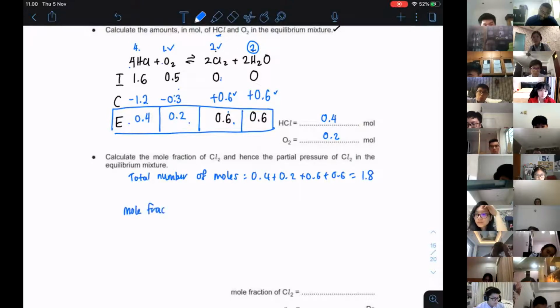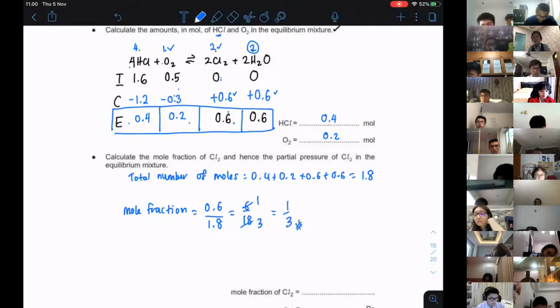Not partial fraction, but they say mole fraction. Mole fraction is 0.6 divided by total number of moles, 1.8. That is 6 divided by 18, which is going to be 1/3. That's your mole fraction.